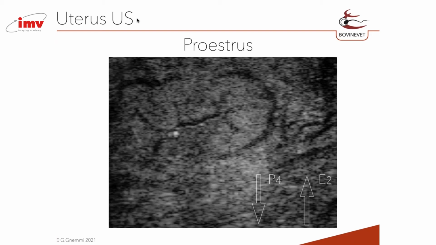Well, there is a transfer of the PGF2 alpha from the vein to the arteries, and this prostaglandin produces a vasoconstriction. So this means that the corpus luteum blood flow is reduced, and a degeneration of the bigger and smaller luteal cells starts.